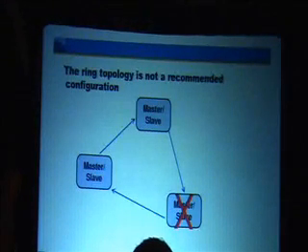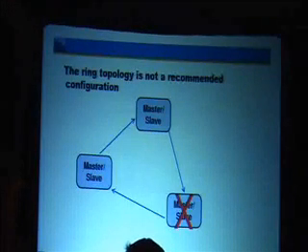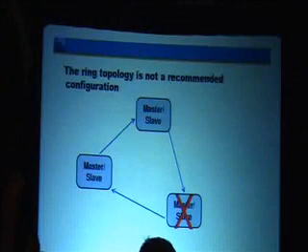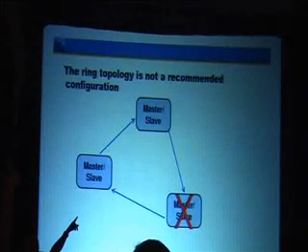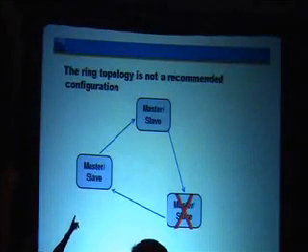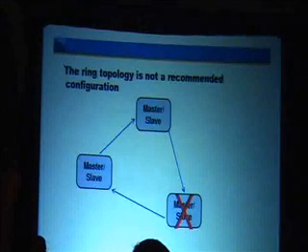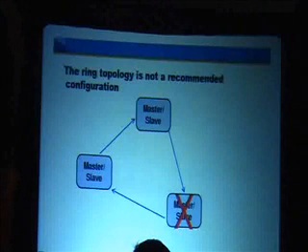The problems we have when replicating in a ring and one goes down are, first, reconnecting the existing slave to the right position of the existing master. And the other problem is if some changes were made to this master, they have been shipped off, and then that one goes down.